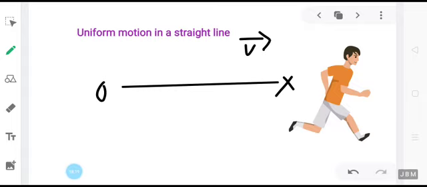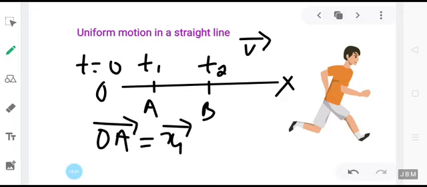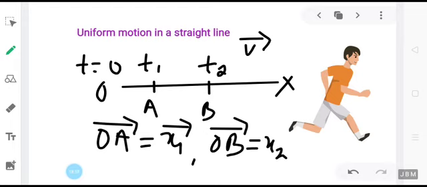Let the time be measured from the instant the object is at O. Let A and B be the positions of the object at the instants of time t1 and t2 respectively, where OA is equal to x1 and OB is equal to x2.